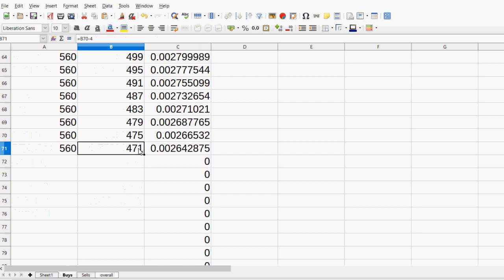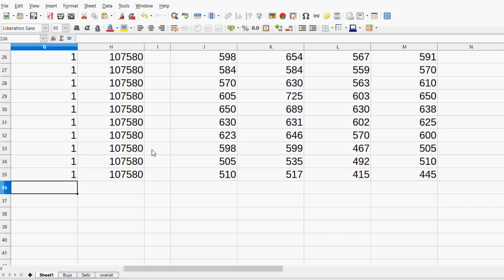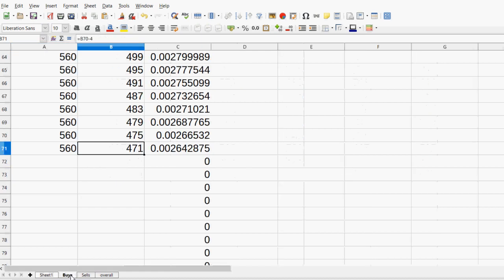So with 471 being the last trade, 15% on top of that, well, 48 and a half of that is 24. So you're looking at 70 basis points, so like 550 would be a spot where I'd be looking to start selling. And it doesn't go there. It goes to 492 as the low. 415, the bottom for that day.